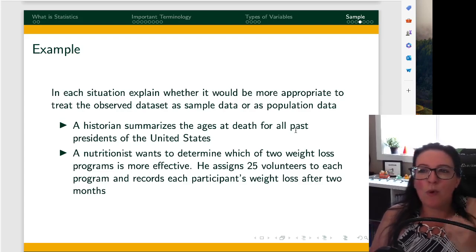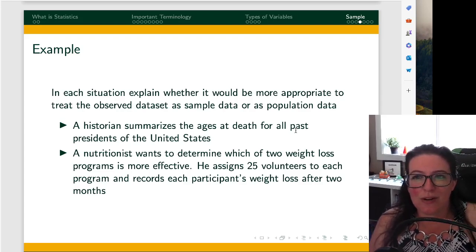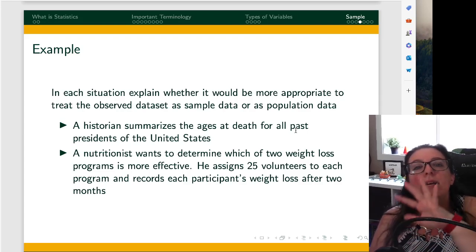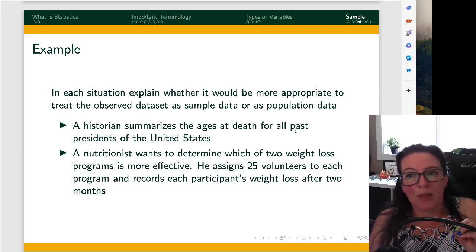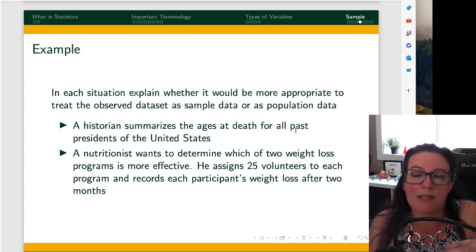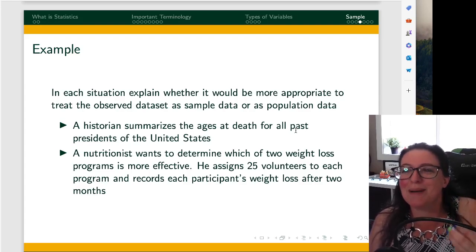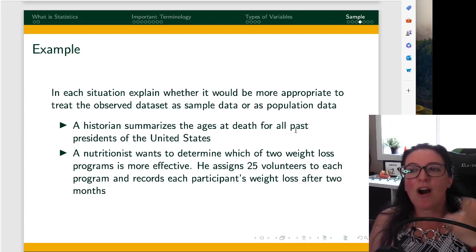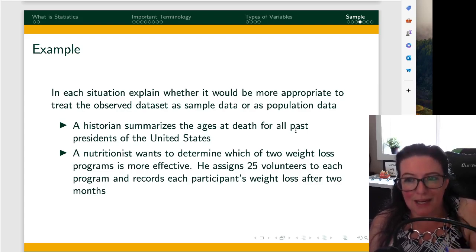Well, if everyone is included in your study, so every president you have data on, it is a population. And so if you are saying, here's the average age at death, here's the maximum, here's the minimum age at death, those types of summaries are parameters because they are about the population.